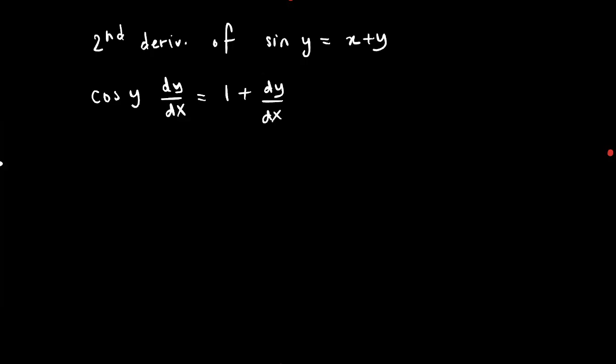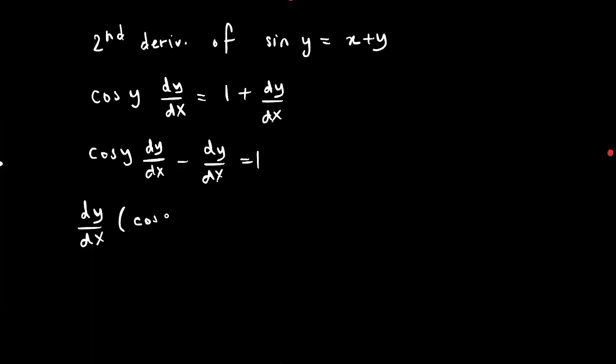Now let's move all the terms with dy dx to the same side. So we get cosine y dy dx minus dy dx is equal to 1. Factoring out dy dx, we end up with dy dx times cosine y minus 1, and this is equal to 1.